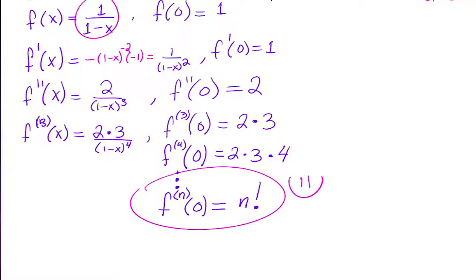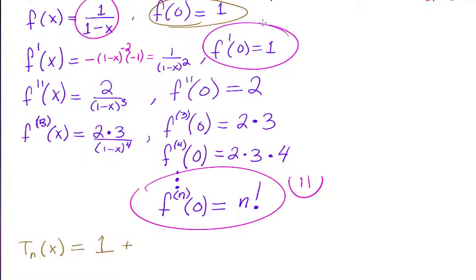Okay, so that's good. All right, so then I have Tn of x is going to equal f of a, so f of 0, which is 1, plus f prime of 0 times x to the 1, right?